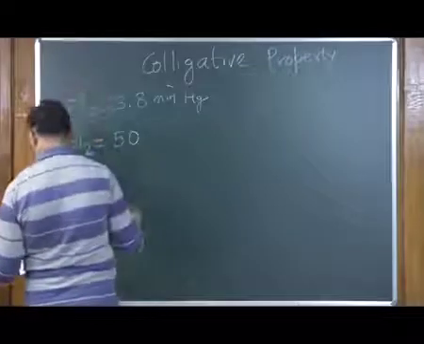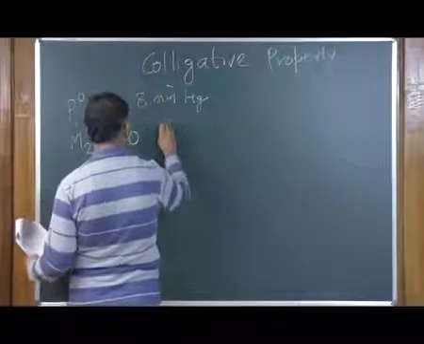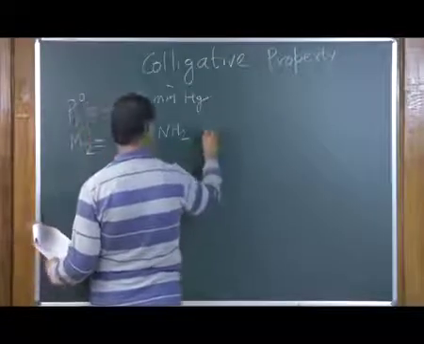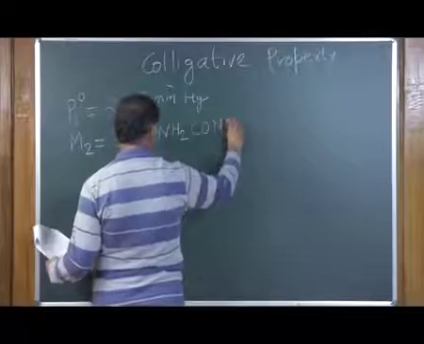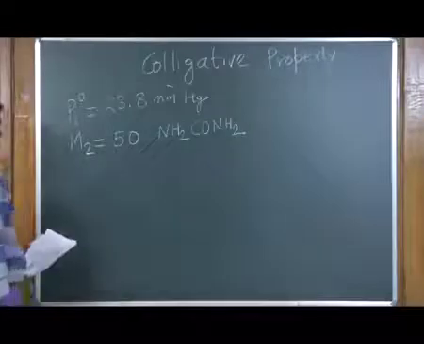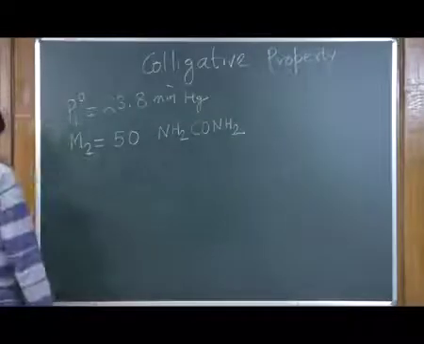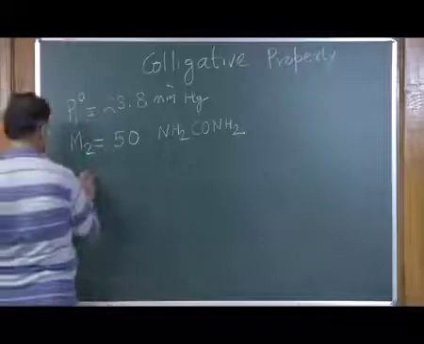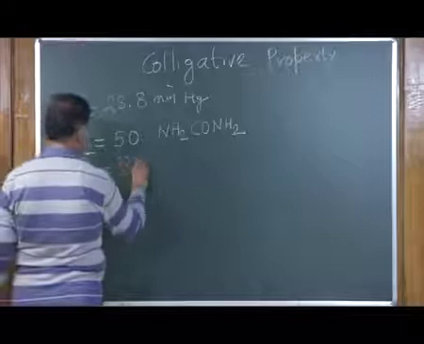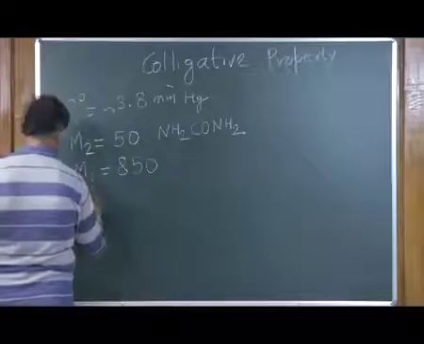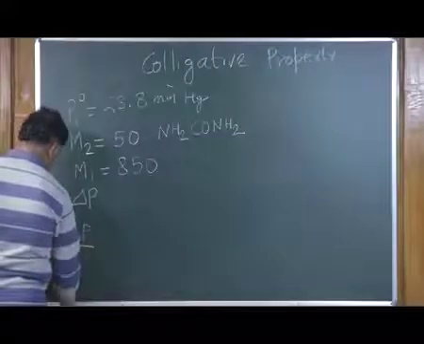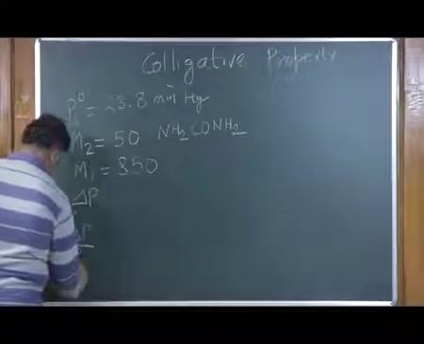So, weight of urea is 50 gram. Since we will need the molecular weight, I am just going to write the molecular formula of urea, that is NH2CONH2. So, 50 gram of this solute in 850 gram of water. It is asking first the lowering and the relative lowering, delta P by P1 naught.